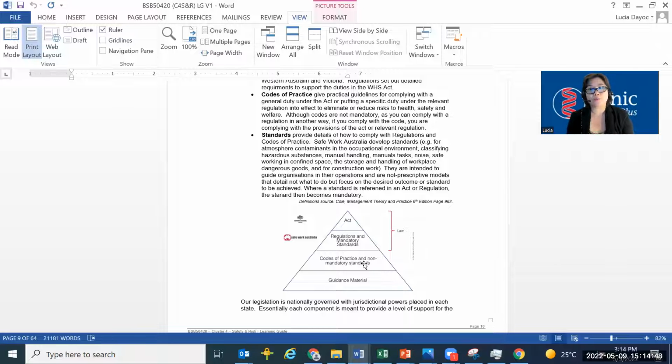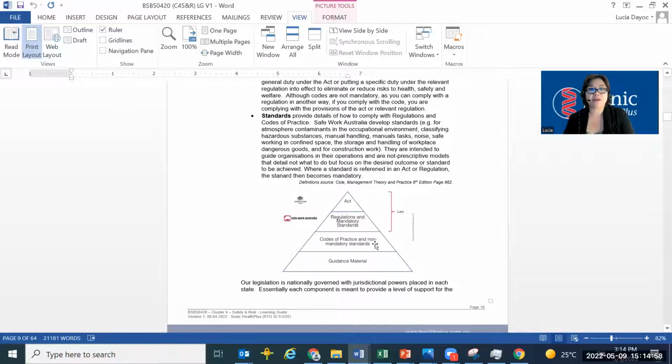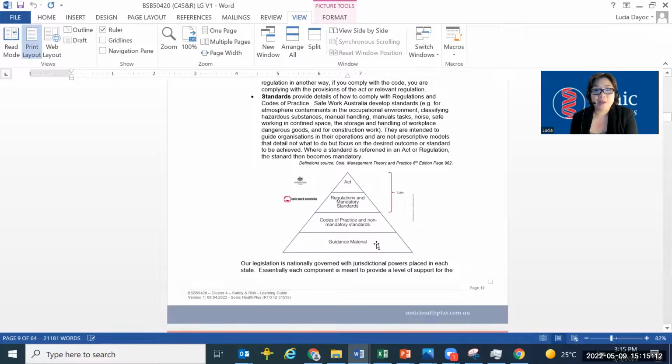And you will also be able to reach the standards that are stipulated under the regulations and mandatory standards. Now, we also have non-mandatory standards, which means that you are allowed some variations to it for as long as you are still compliant with the other elements of the act. All right. And then we've got the guidance material that supports everything else that you see right there on the top.